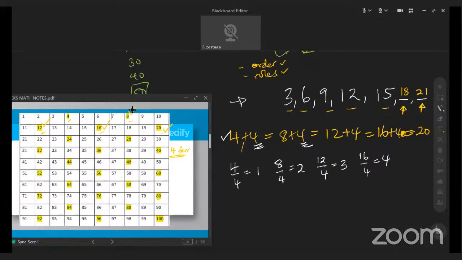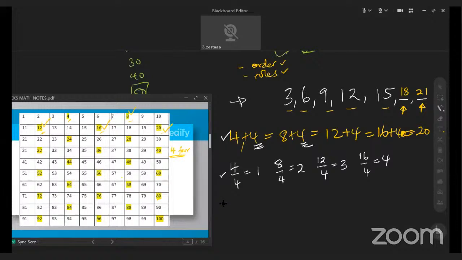Okay, someone to help us here. Yes, Elnora? Your hand is up. We get these numbers by multiplying them by 4.